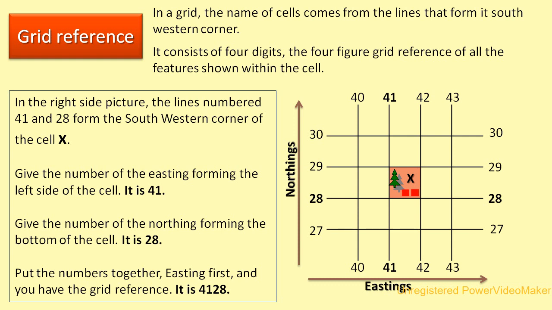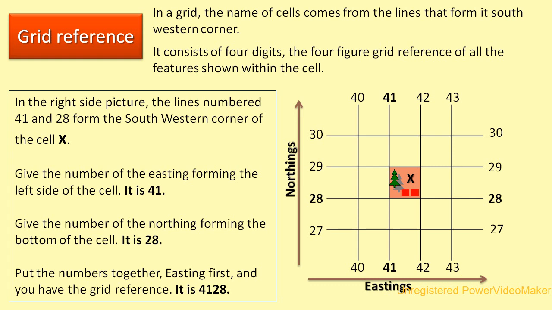So put the numbers together, meaning the lines which are intersecting at the south western corner of the cell. Once again, the lines which are intersecting at the south western corner of the particular cell.